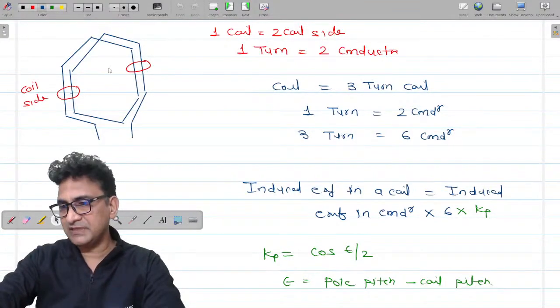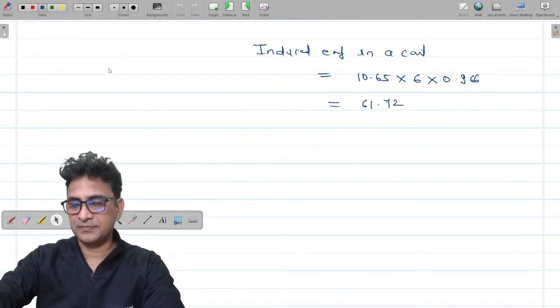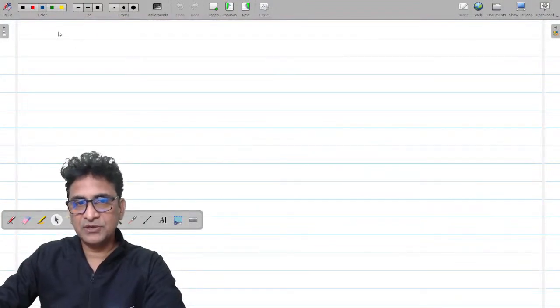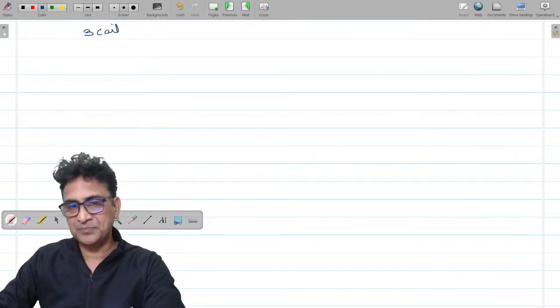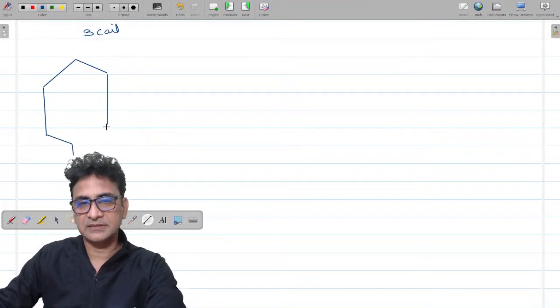Suppose we have 3 coils. This is my one coil. Each coil has 2 sides. This is one side and this is the other side.